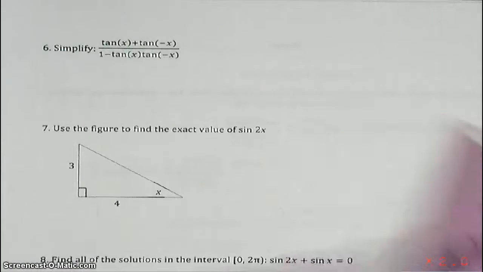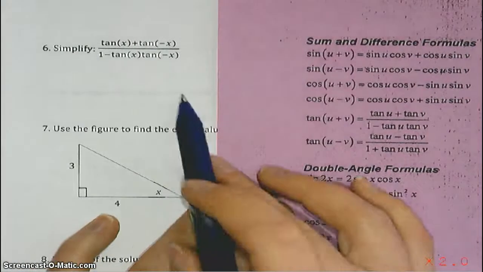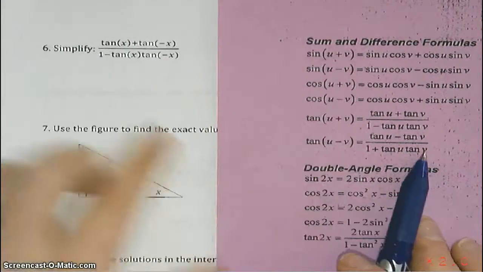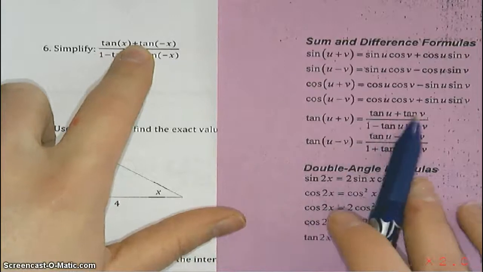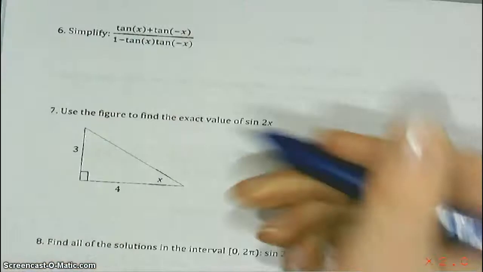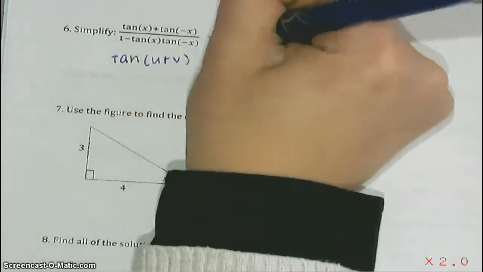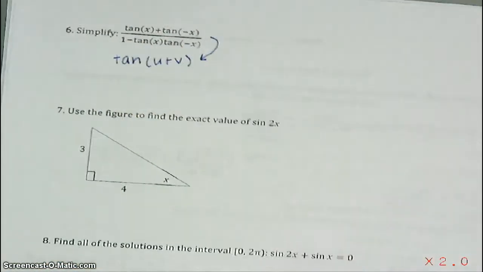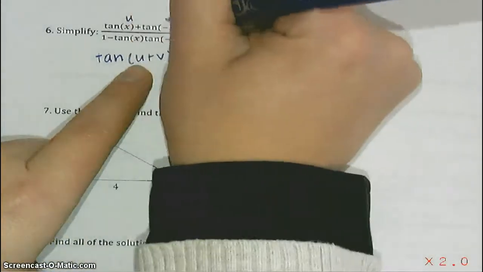You will be given this formula sheet. What I would do is ask yourself, what format does this look like? And if you look at the top, you have a tangent plus a tangent. That's going to look like this tangent u plus v. So all of this is going to condense into tangent of u plus v, where u is just x and v is negative x.